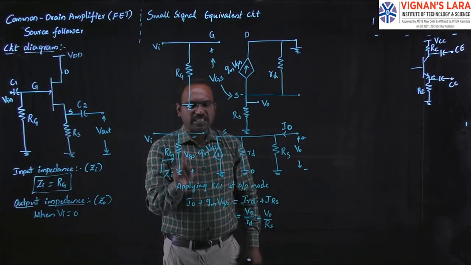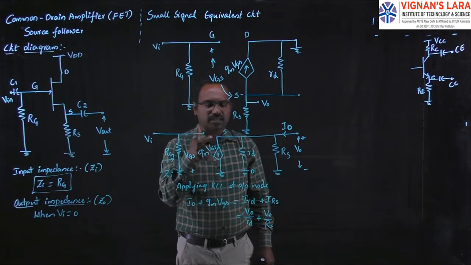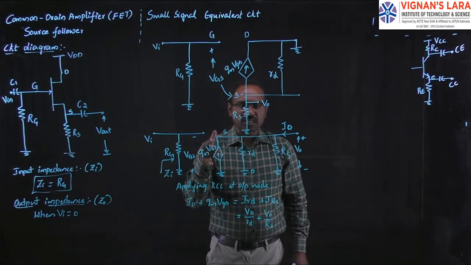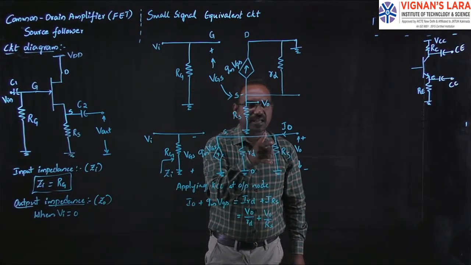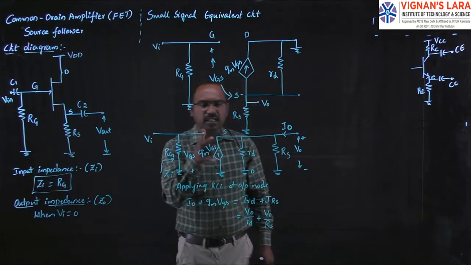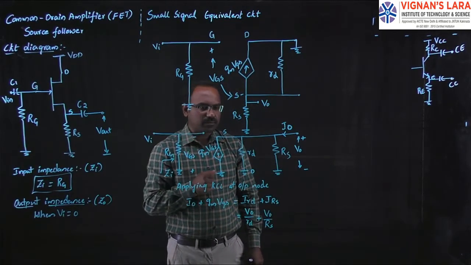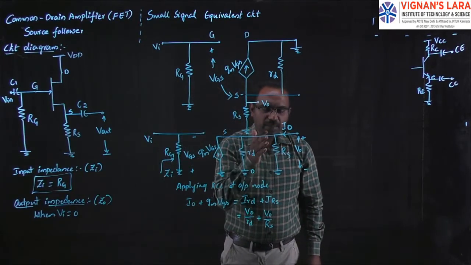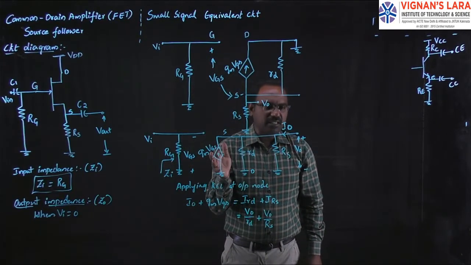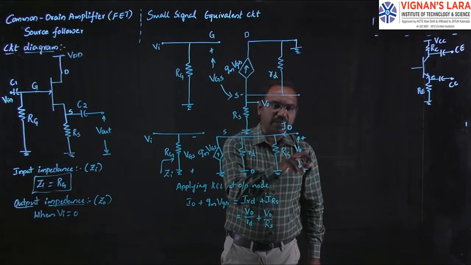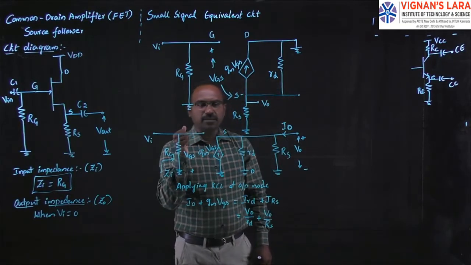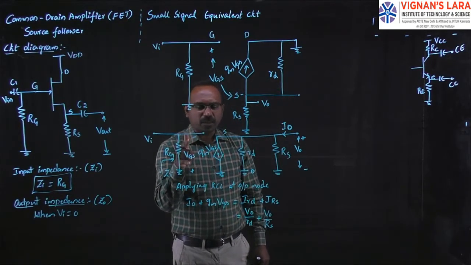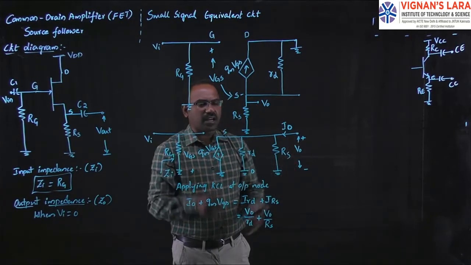So VGS is nothing but the drop across this current source or this RD or this RS, because these three are in parallel. The drop across these three terminals will be equal to V0, because these three are again in parallel. But if you observe the polarities of VGS and V0, they are opposite.